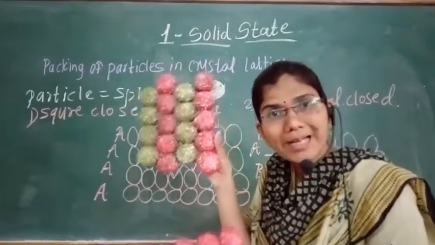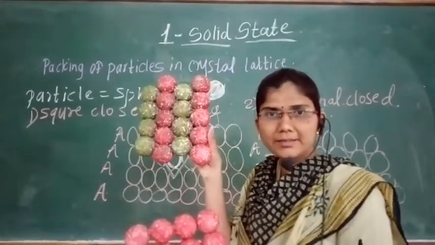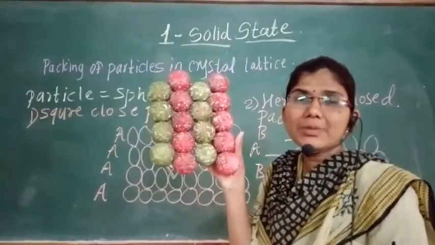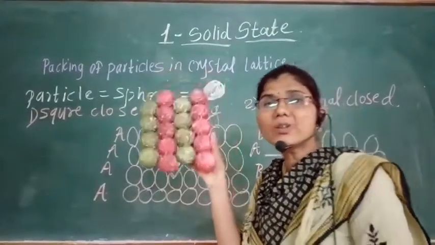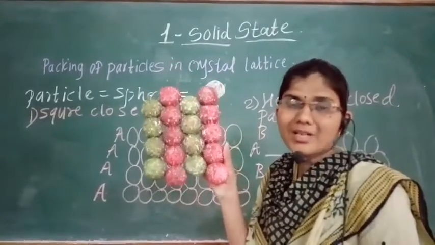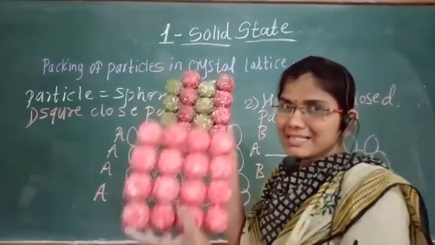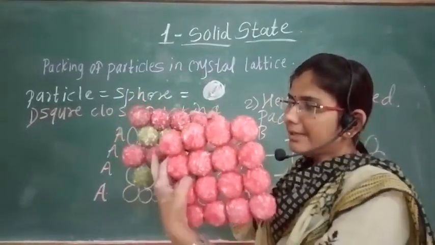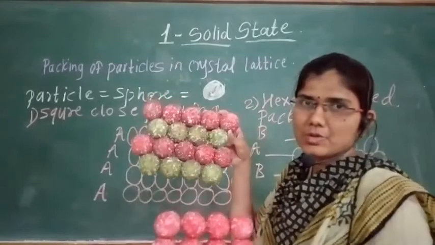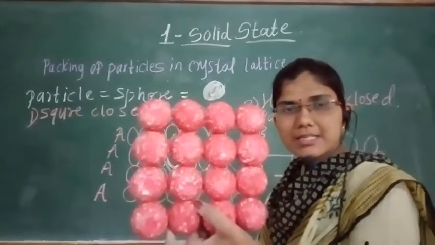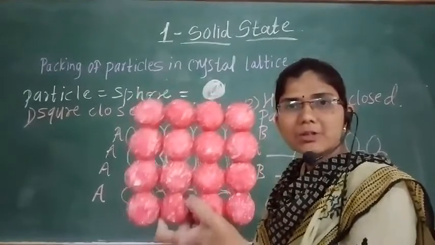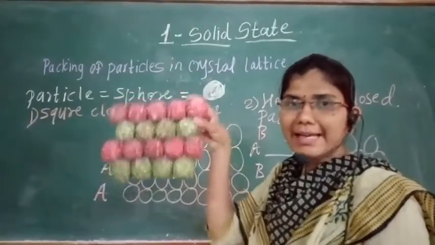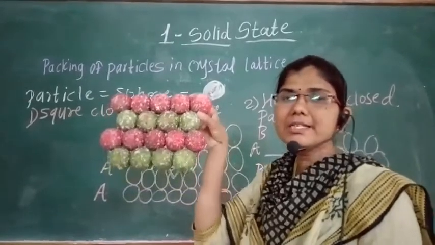Remember dear student, both these are two-dimensional structures. Here the first and alternate rows are the same. In the hexagonal one, the second row is present on the depression of the first row. So what is the coordination number of these? The coordination number of square closed packing is 4, and the coordination number of hexagonal closed packing is 6.